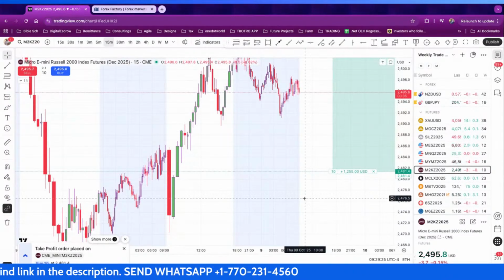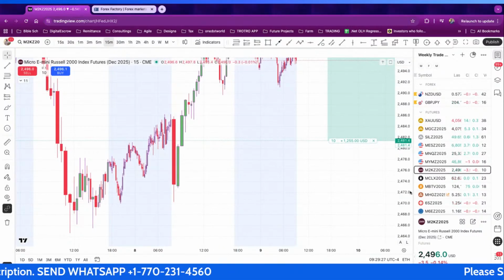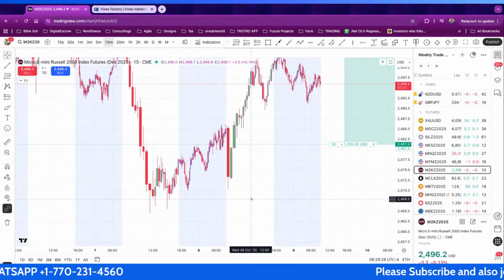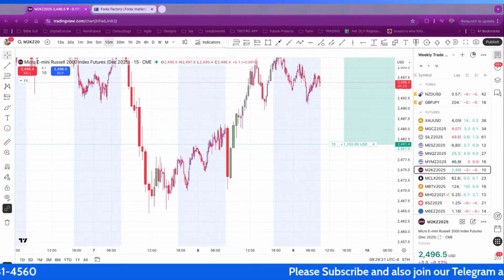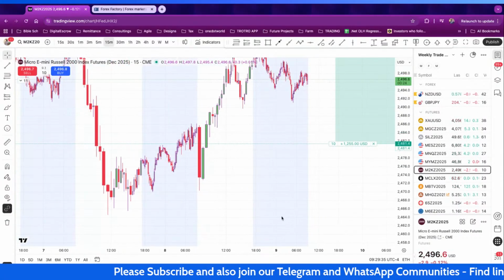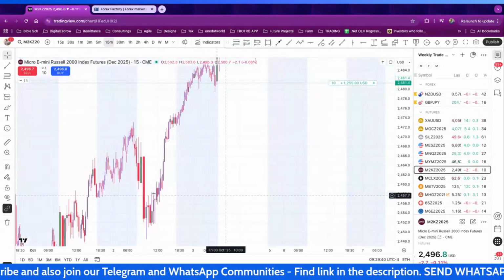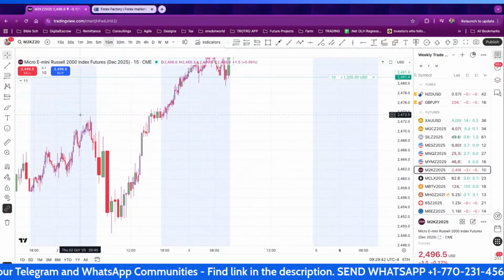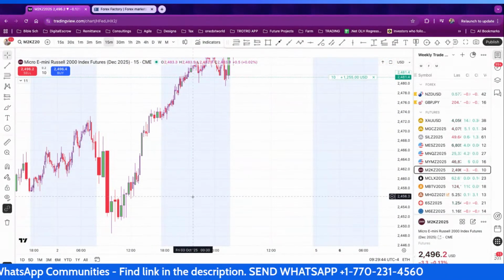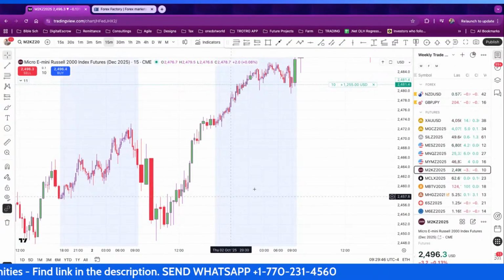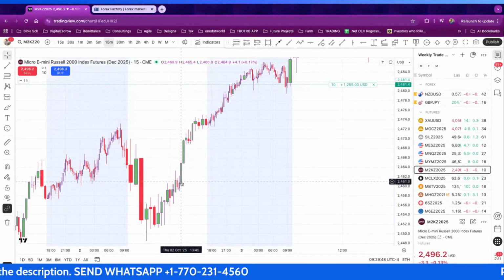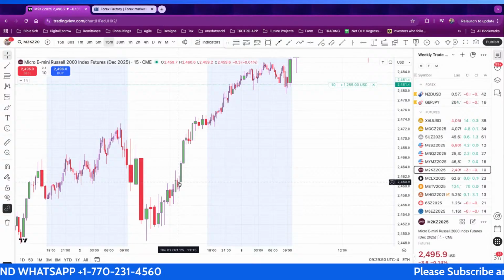And then for demand, I'm just going to mark it, and you guys will also mark it as well. For demand, we're going to pick up something from 2-4 down here, right? It's going to be somewhere here. This is where this move that broke the previous opposing high. So it's going to be somewhere here.